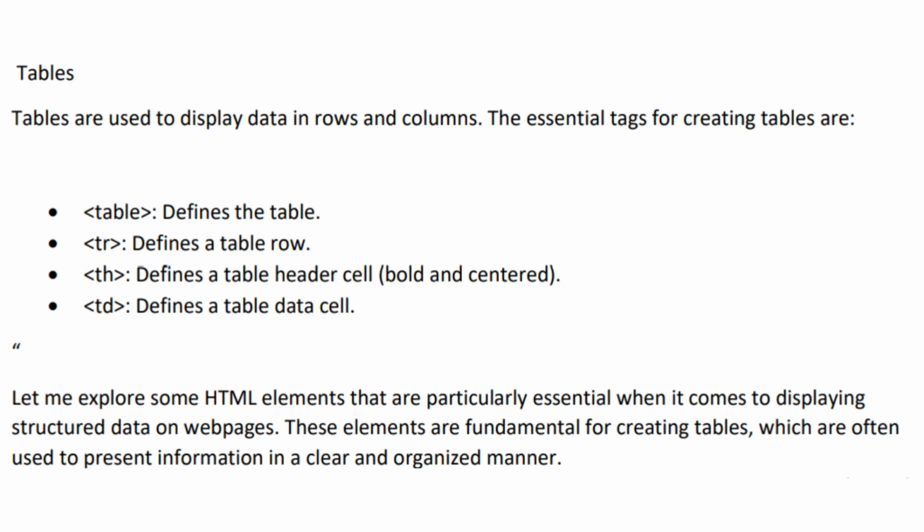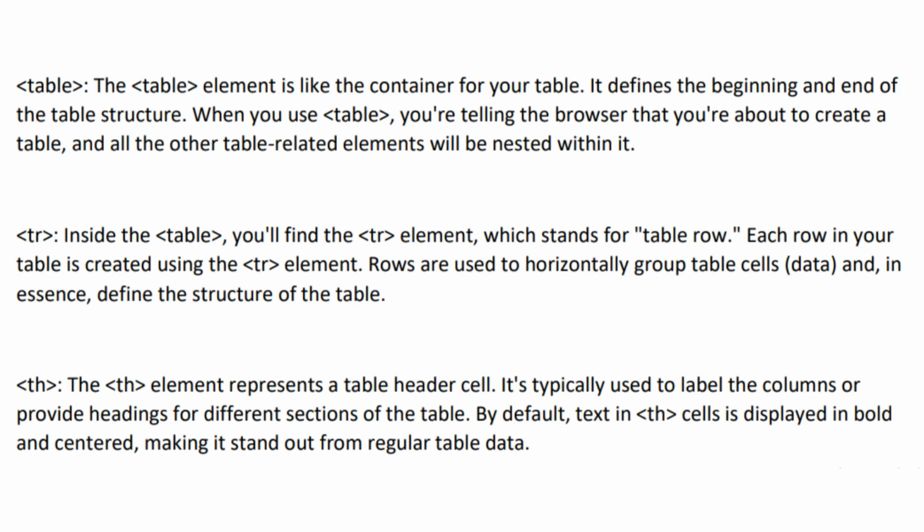TD defines a table data cell. Let me explore some HTML elements that are particularly essential when it comes to displaying structured data on web pages. These elements are fundamental for creating tables, which are often used to present information in a clear and organized manner.